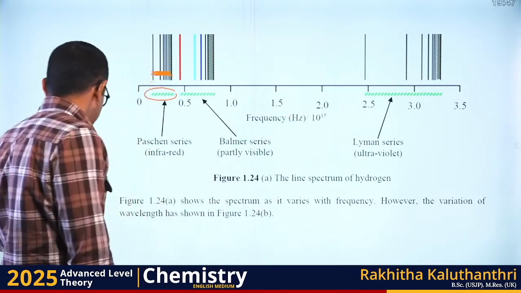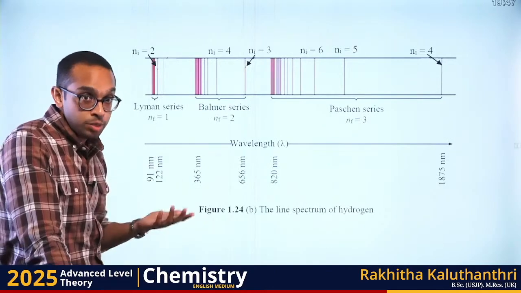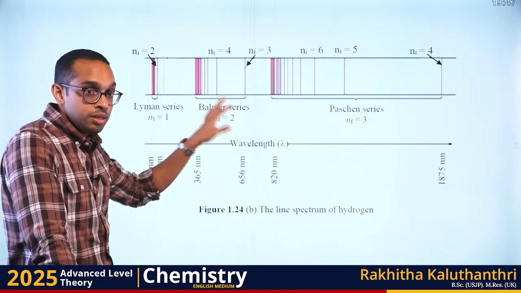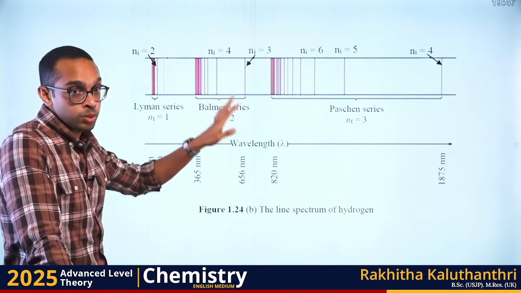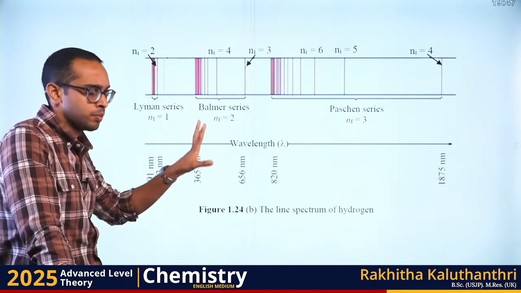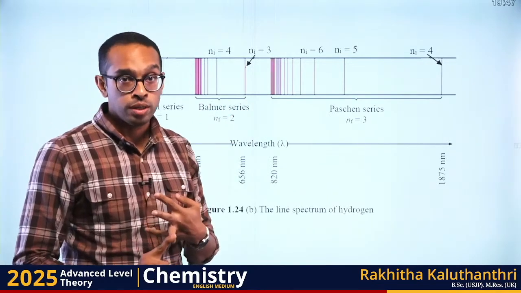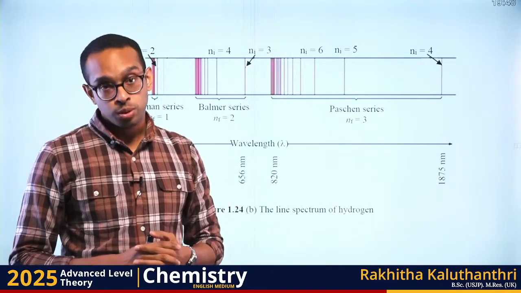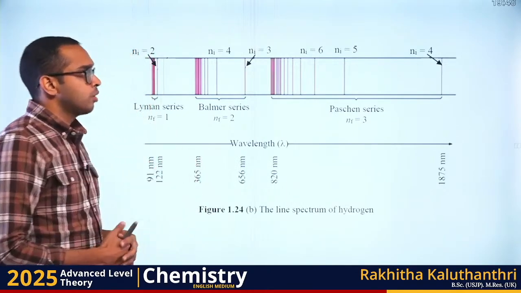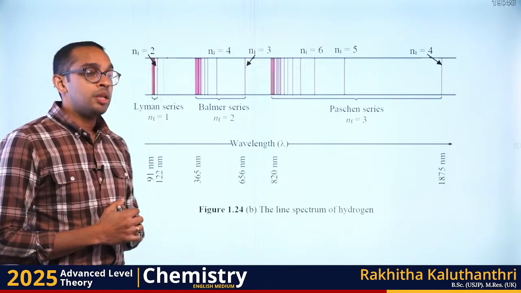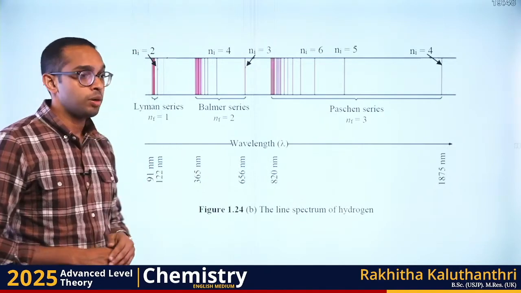And then over here we have hydrogen's emission spectrum once more, but this is a wavelength distribution. If you know the frequency of a radiation, you can calculate the wavelength also, right? So we can draw a graph using wavelengths also. That is what we have done here. We usually mainly use the frequency distribution, but you have to know about this as well.